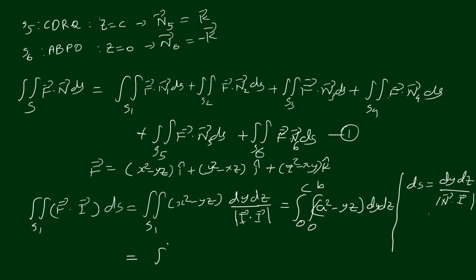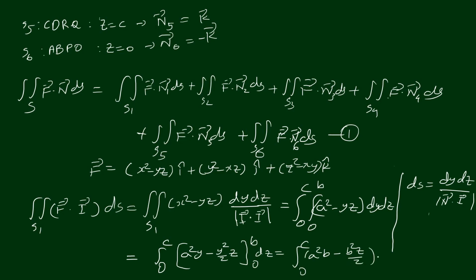Now do the inner integration. Integral part is simple. The integral of a² is a² y, integration with respect to y, and the integral of y is y²/2, and z is constant, from 0 to b, dz. Now we put the upper limit, and the lower limit is 0. So putting the upper limit for y, you will get a² b − b² z/2.